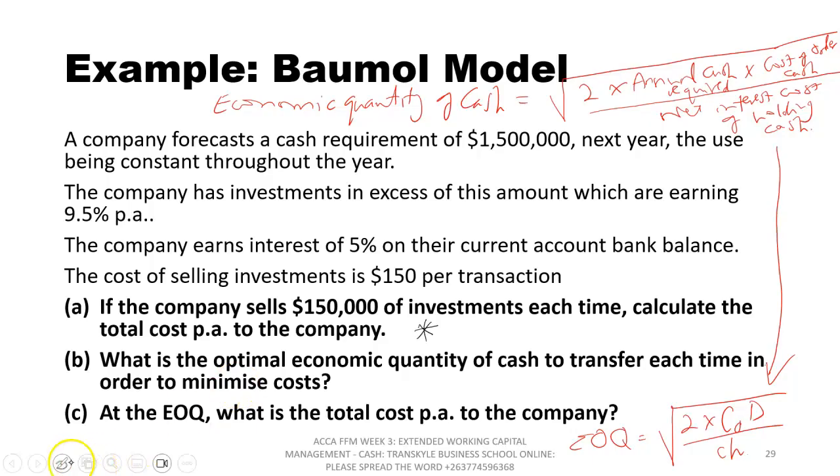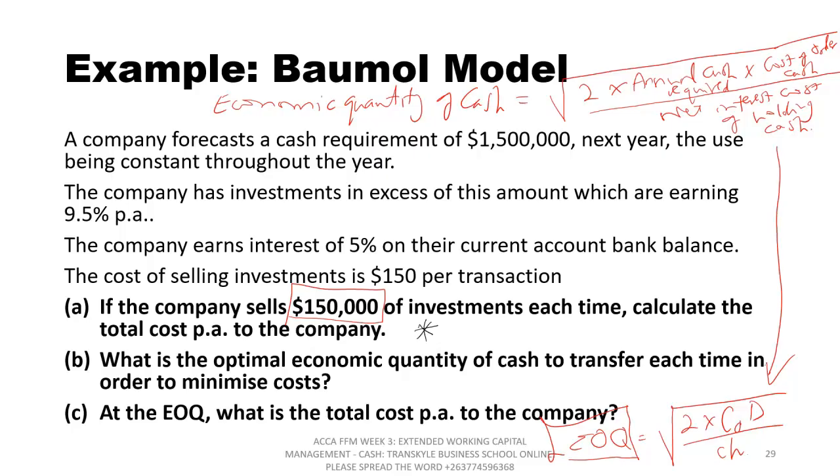The size of the order here is given in the question, so there's no need to compute it. Remember, the EOQ is the economic order size, or the quantity which minimizes the cost of inventory. So here we are given the batch size, 150,000.